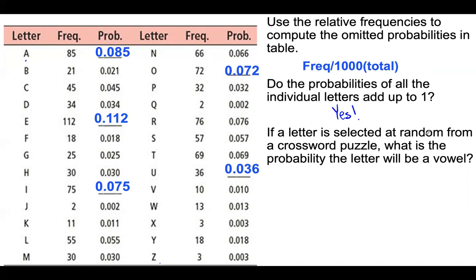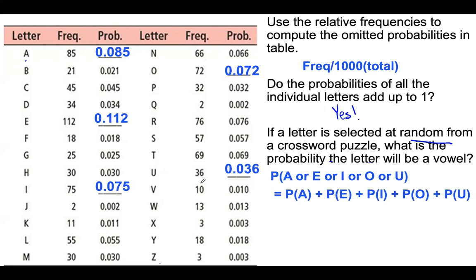Now, if you select at random from the crossword puzzle, what is the probability the letter will be a vowel? So A, E, I, O, U are vowels. So we would add up those probabilities of those vowels. And since you can't have an A and an E at once, they're mutually exclusive.